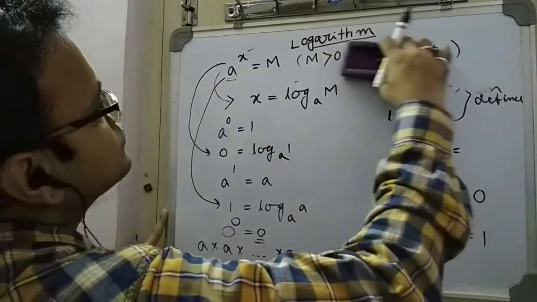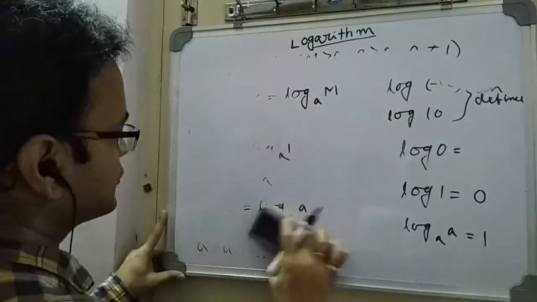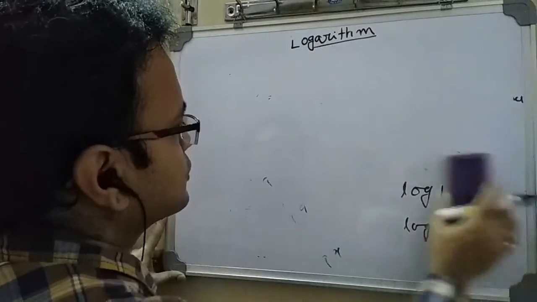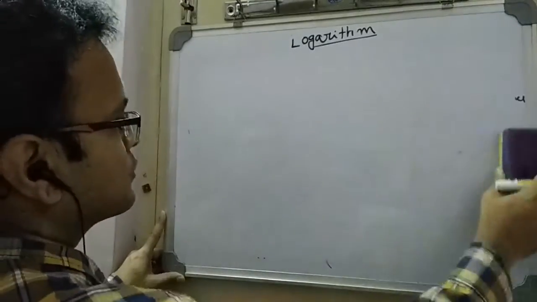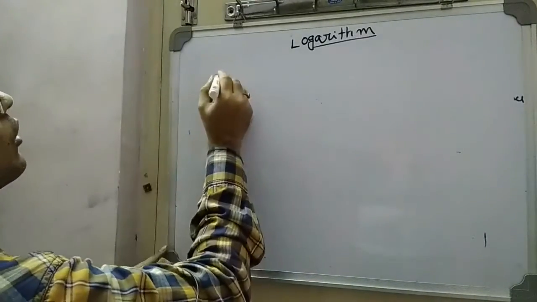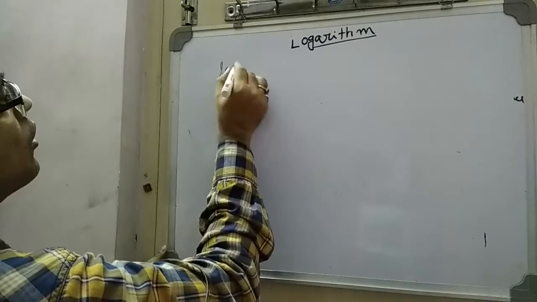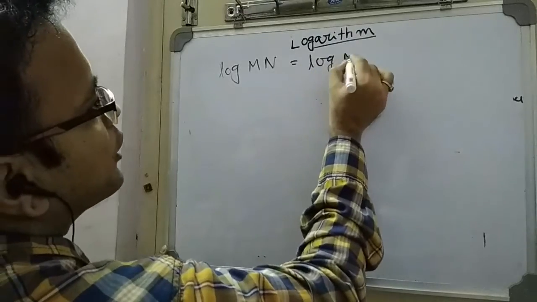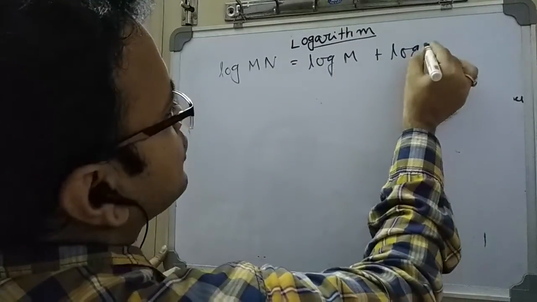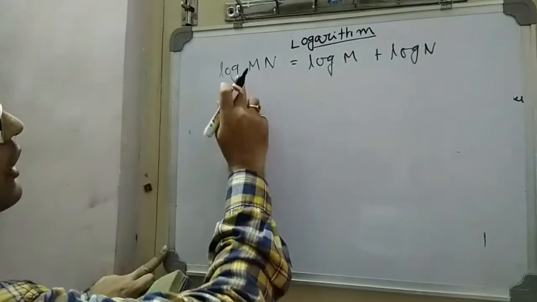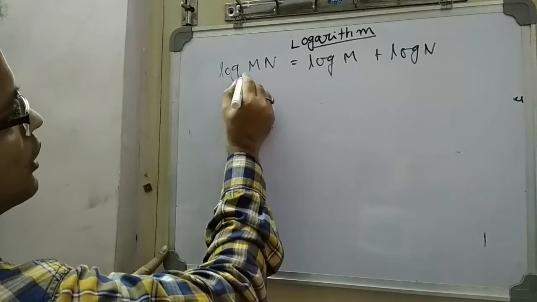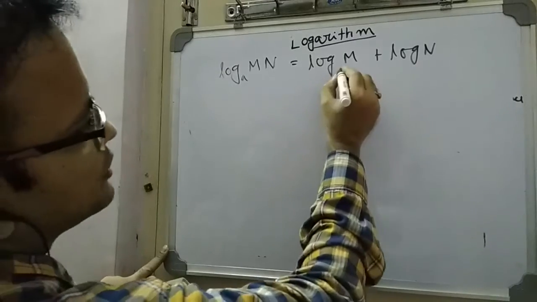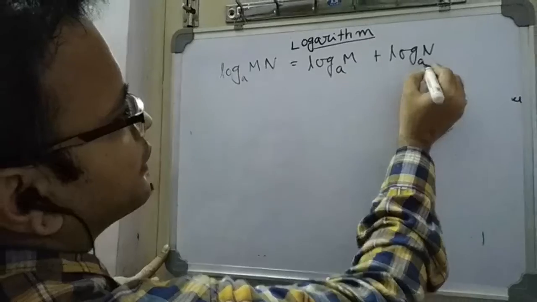Let's move to some important properties of log. Log mn equal to log m plus log n. Remember, I am not writing the base every time, because if you do not write any base, simply write log, that means the base is assumed to be 10.